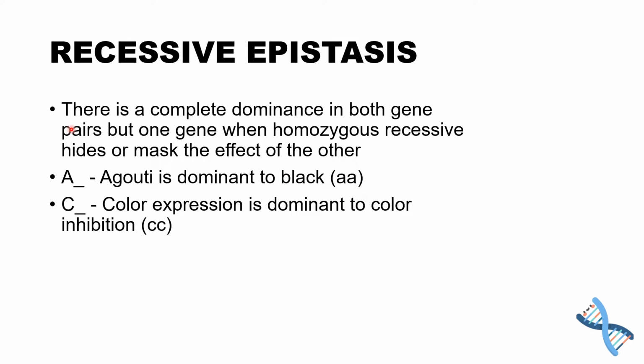So, meaning, the dominant A gives agouti, and the recessive a gives black. So, our agouti is dominant to the black.